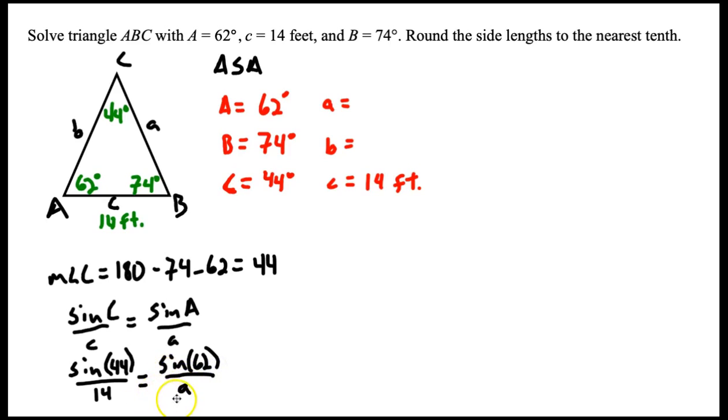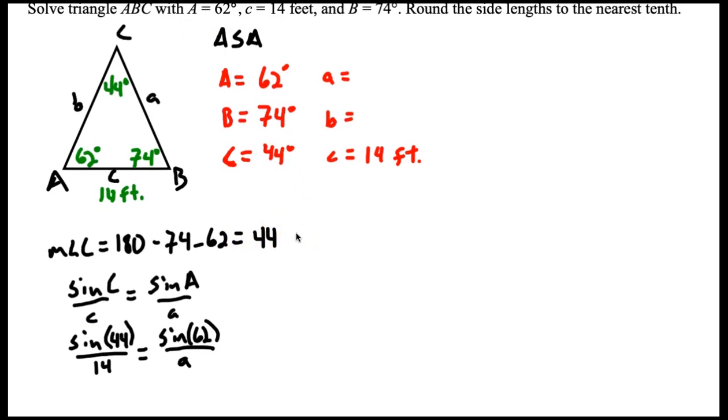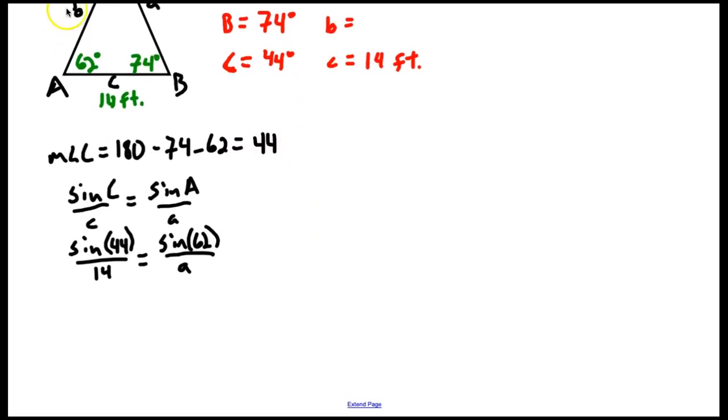All right. So now I'm going to solve for A. To do that, I'm going to multiply this A over here. So if I multiply this A over here, we'll have A times sine of 44 over 14 equals sine of 62.